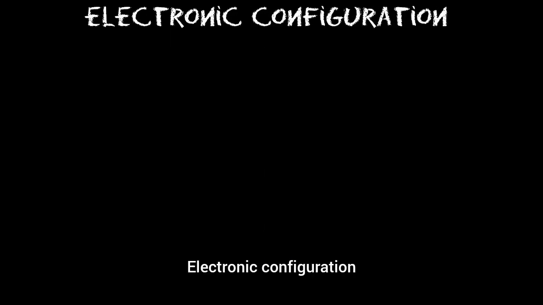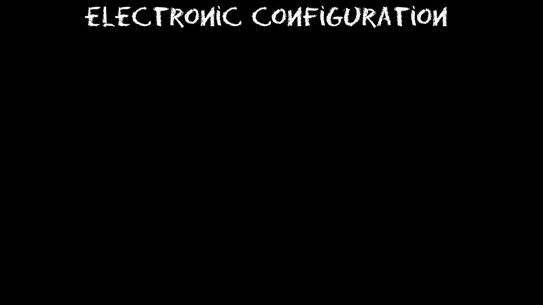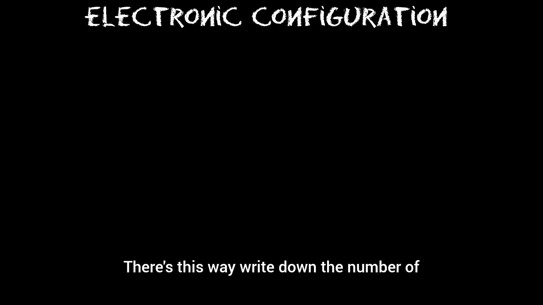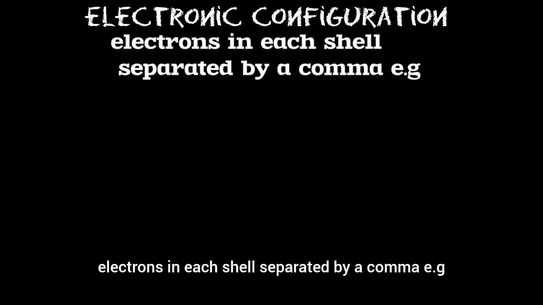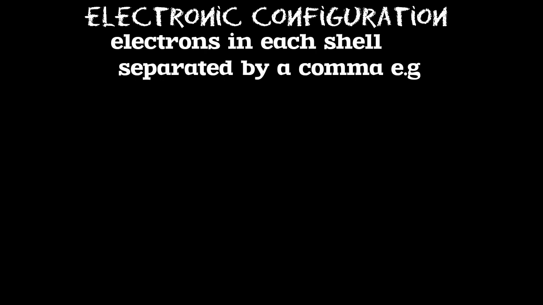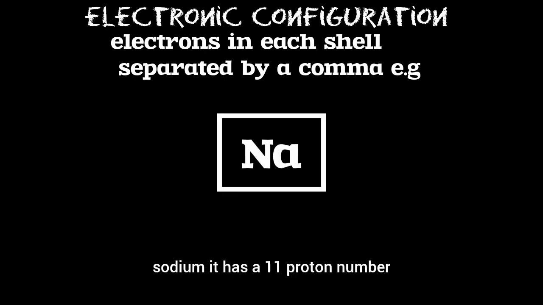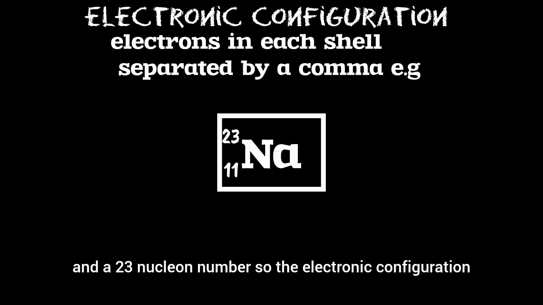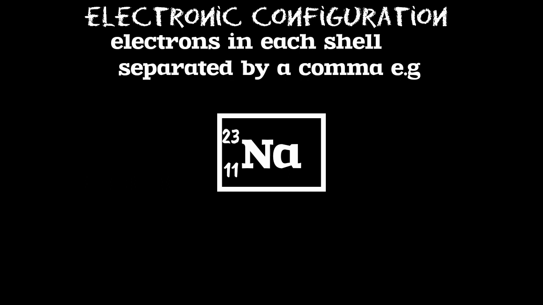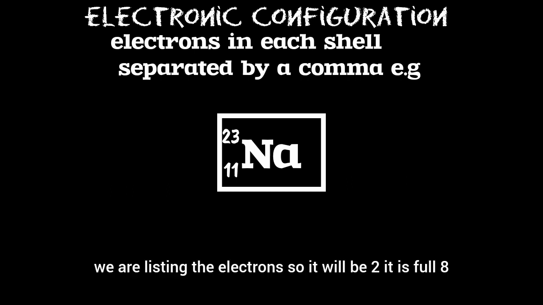Electronic configuration. This is how we write electronic configuration. Write down the number of electrons in each shell separated by a comma. For example, sodium has proton number 11 and nucleon number 23. We are listing the electrons.